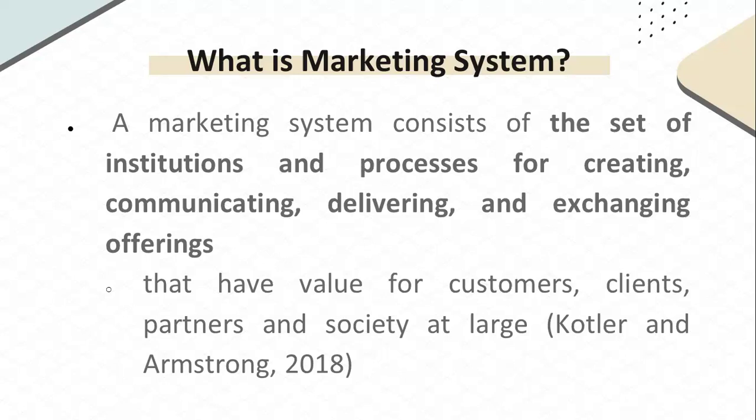All these activities come under marketing. So these processes plus all the institutions affecting marketing are called a marketing system, right? Is it clear? Simply, all the institutions and processes helping the marketing activity is called the marketing system.